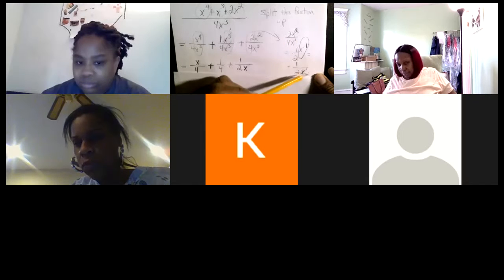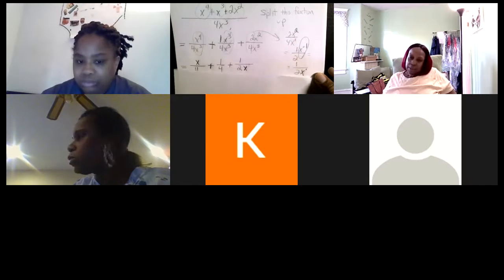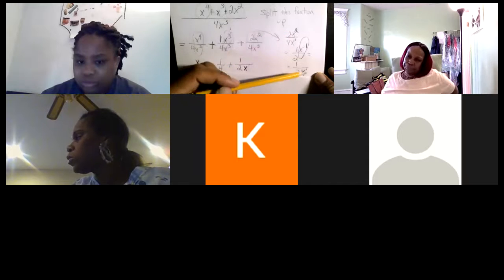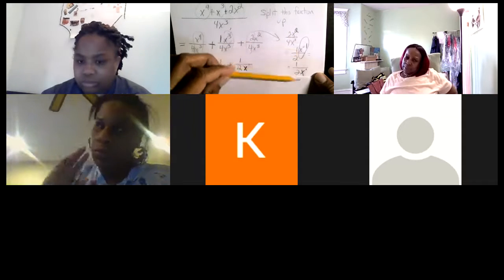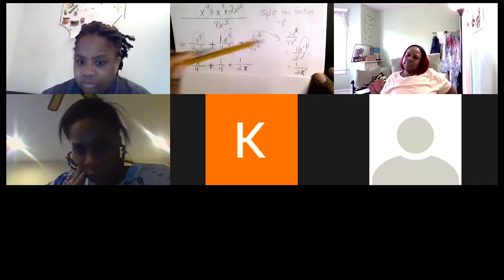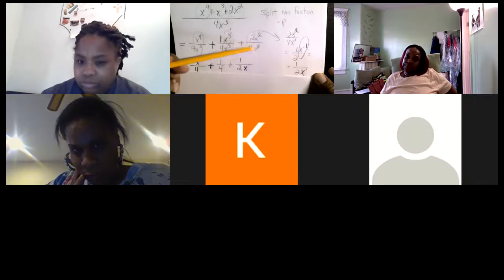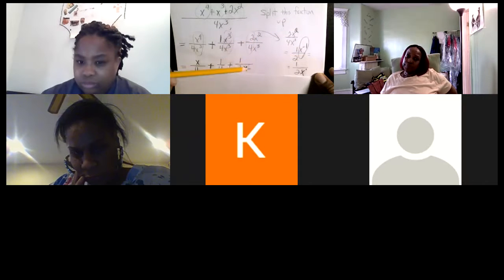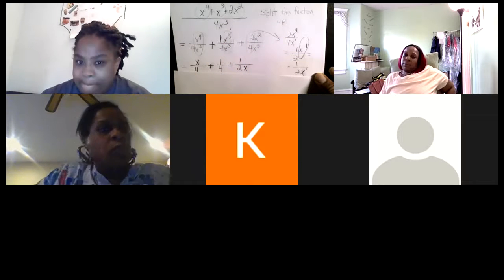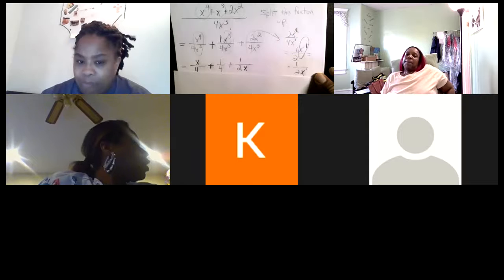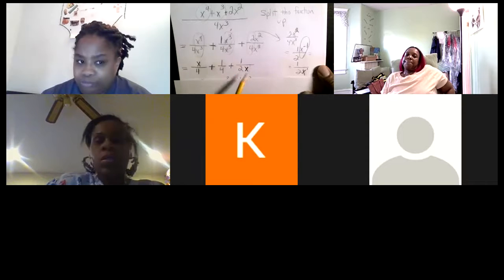And that's perfectly fine. But if you wanted to avoid these extra steps, if you just go wherever the highest exponent is and put your answer there, that avoids that piece. So this would be your answer right here.